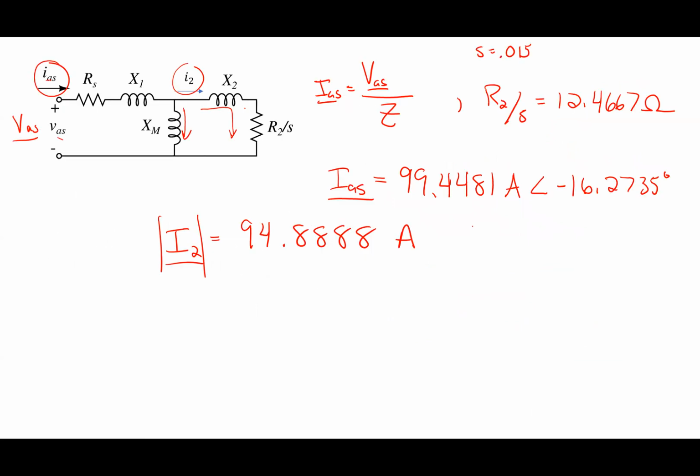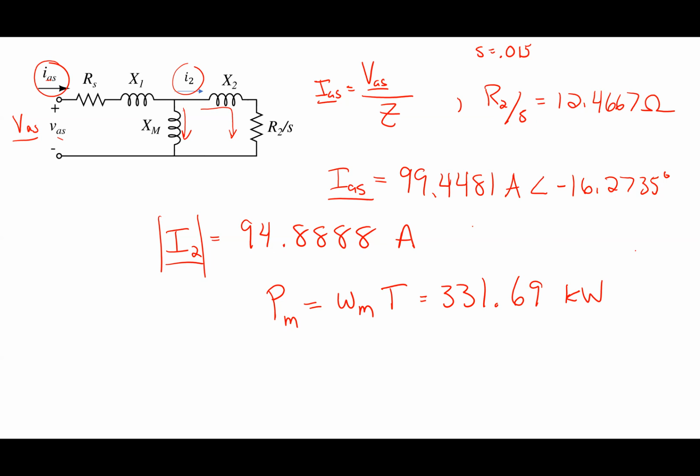What I end up with is that the power mechanical, the actual power going into the load, which would be omega m times the torque, works out to be, in this particular case, 331.69 kW, which again, we typically put in horsepower. But I've got about 331.69 kilowatts coming out.